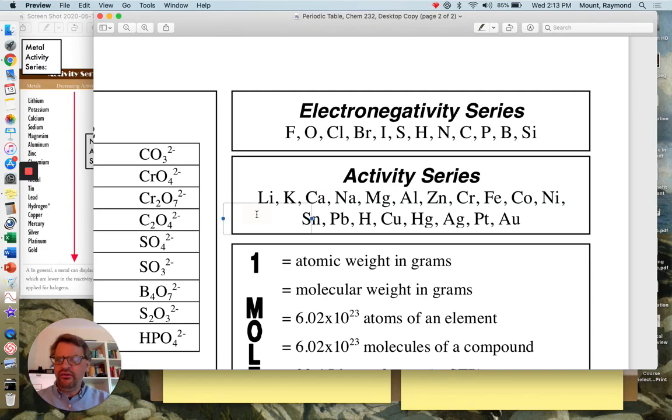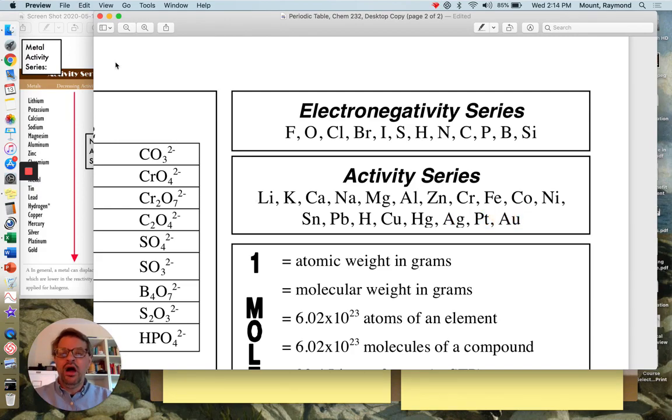As you go down the list, they become less active. At the bottom we have gold, platinum, and silver. These are some of your least active metals on the periodic table. So from lithium to gold, the metals become less reactive.